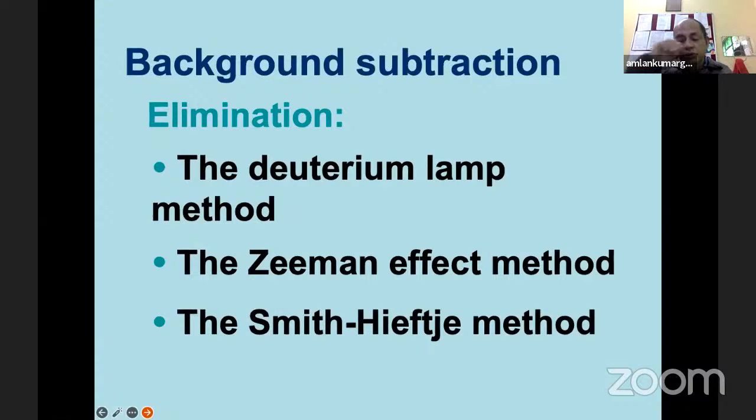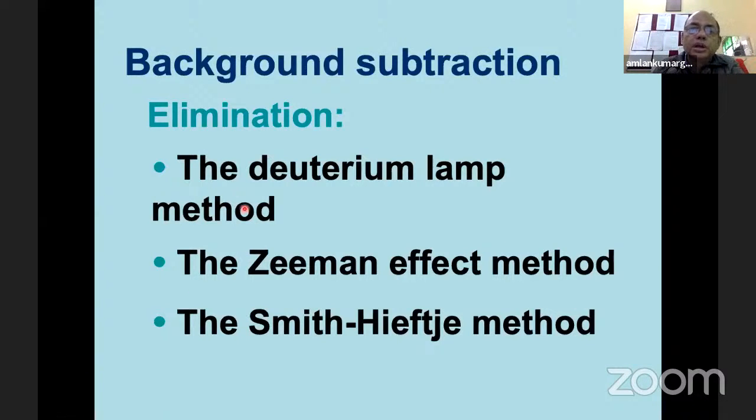Another problem with this graphite furnace is that since you are putting solid samples, ash remains. So after some time, there will be a heaping up of ash, and hence you will have to remove that graphite furnace. Now, background is a main problem.